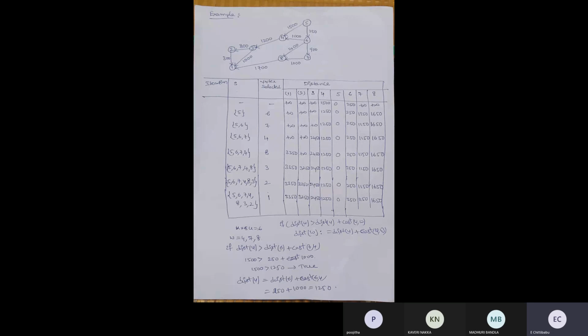Plus infinity greater than 3250. Condition is true. Distance of 2 equal to distance of 3 plus cost of 3, 2. 2450 plus 800, 3250.